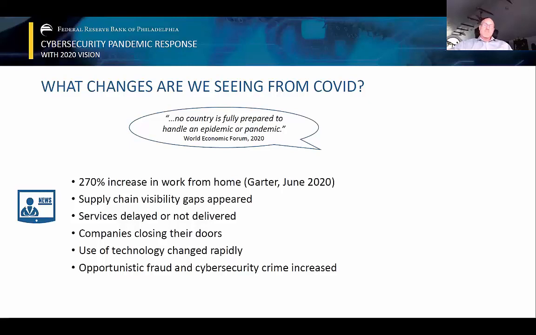A lot of technology changes, right? I've seen a lot of studies that talk about the increase in procurement of SaaS solutions versus buying on-prem software and installing things in data centers, opting for software as a service instead.